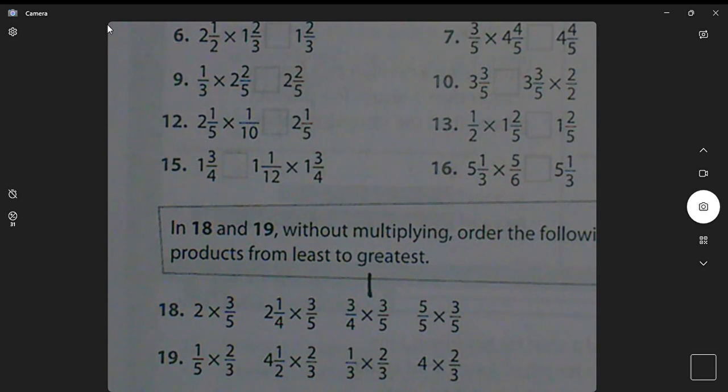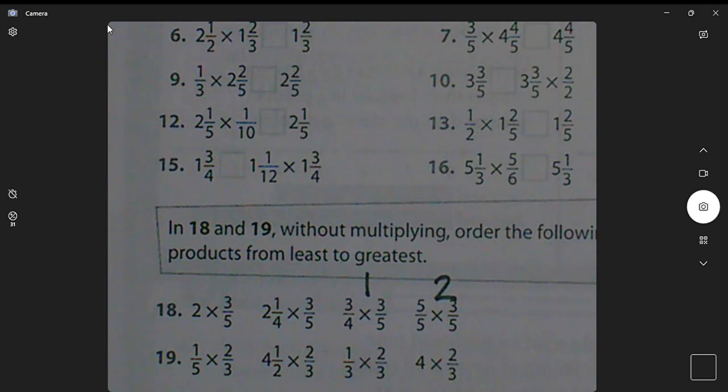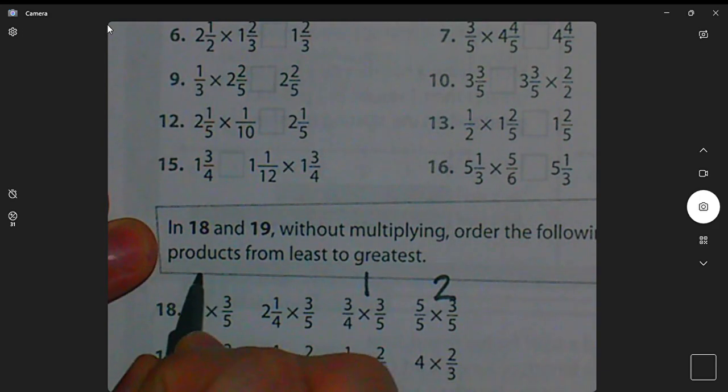Because 5/5 tells me 1. Which will come next? 1 or 2? 1. Because you're just multiplying by one whole number.